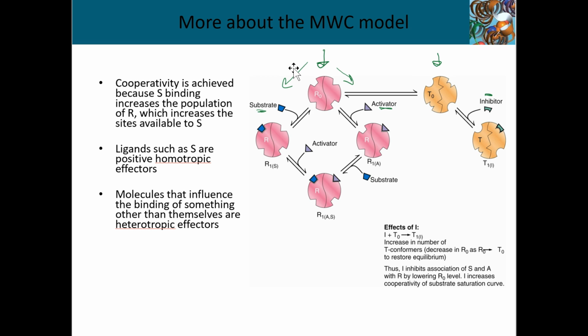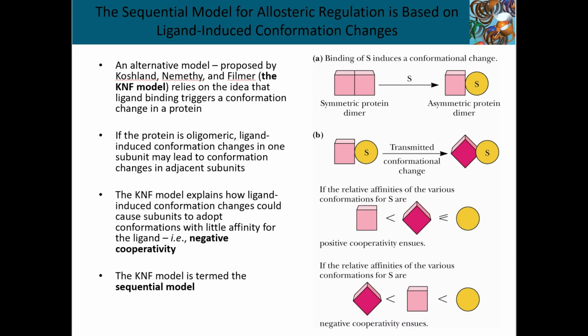And if it's binding an inhibitor, it likewise will commit it towards the opposite direction. Now, the way I've explained proteins and typically envisioned them myself is more along the lines of the sequential model. So this is the alternative model proposed by Koshland, Nemeth, and Filmer. It's the KNF model.